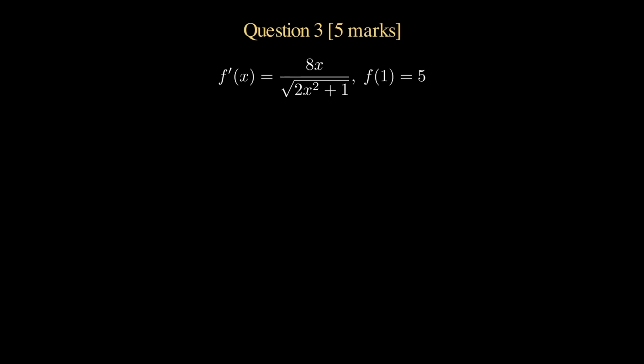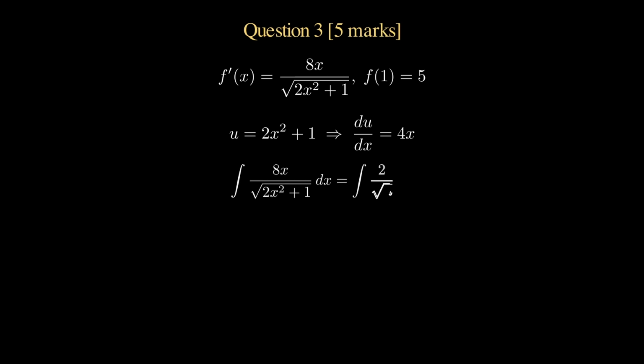Given the derivative f prime of x equals 8x over root of 2x squared plus 1, and f of 1 equals 5, find f of x. We use substitution. Let u equal 2x squared plus 1, then du over dx equals 4x. The integral becomes the integral of 2 over root u du.